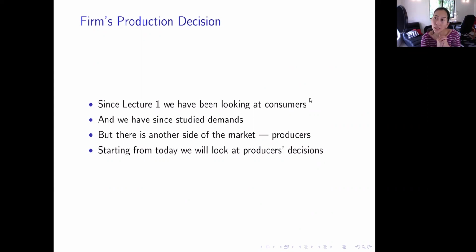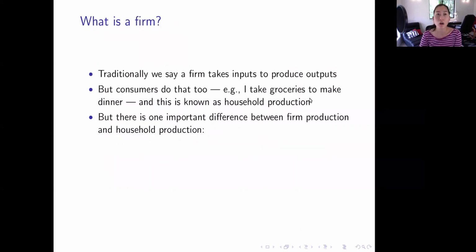But remember that the market consists of two sides, consumers and producers. So from today or this week, we will be looking at the producer side, or how the producers make decisions, under a certain assumption of a producer being a profit maximizer.